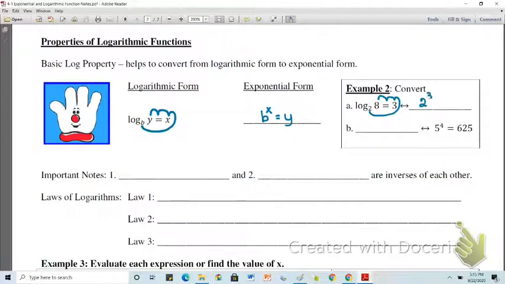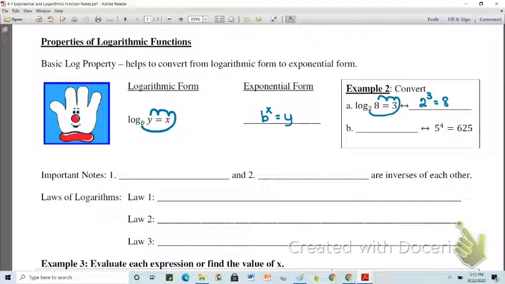One thing I want you to remember is that the answer to a logarithm is an exponent. That's basically what we are figuring out. Is 2 raised to what power gets me 8? I can also use the hand backwards.